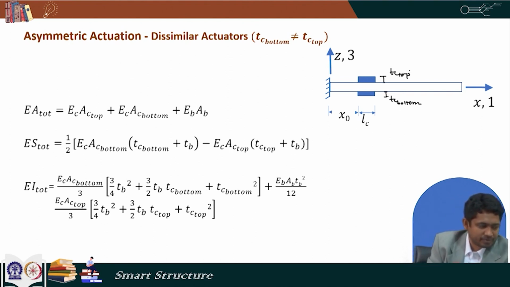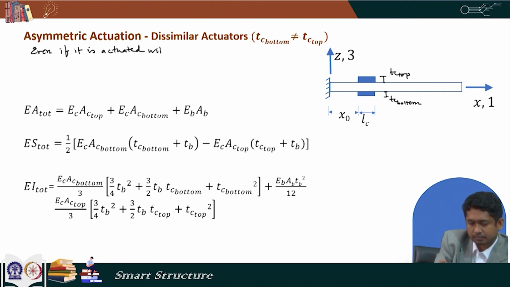Now, even if it is actuated with same voltage at top and bottom piezo, free strains can be different.